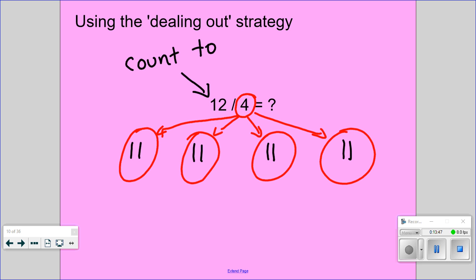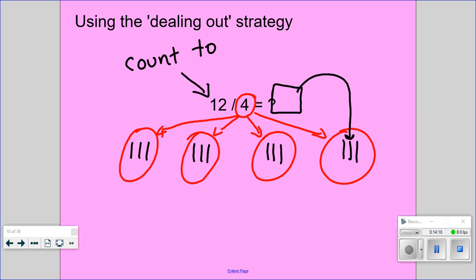Yep, we made our 4 groups. From right here, 9, 10, 11, 12. How many are in each? Now, to figure out that question mark or that box, I'm going to look at what is inside one group.